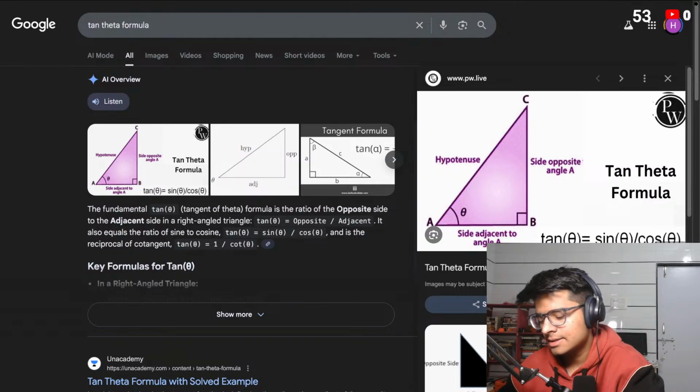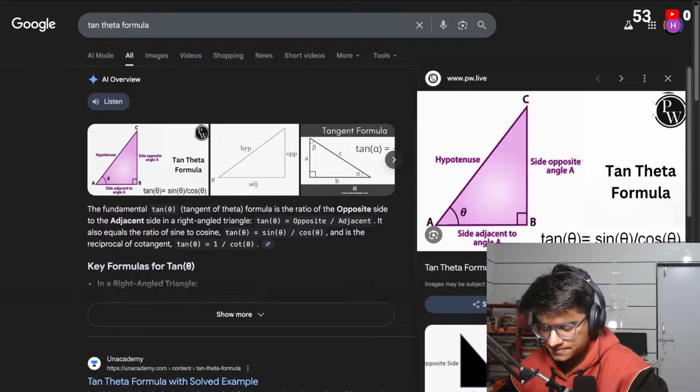Sin theta is opposite upon hypotenuse. Cos theta is adjacent upon hypotenuse. So correctly, tan theta is opposite upon adjacent side.